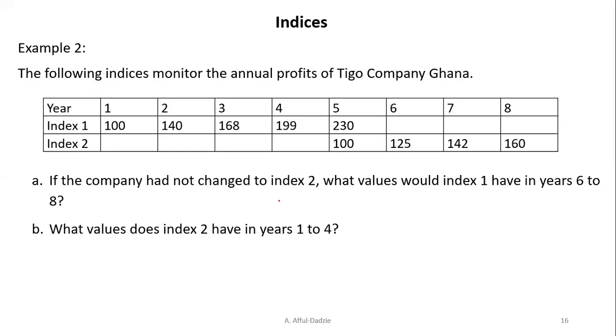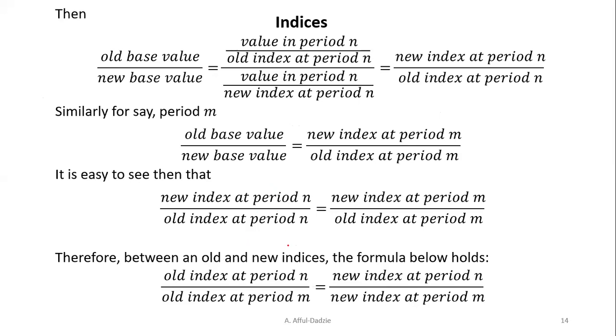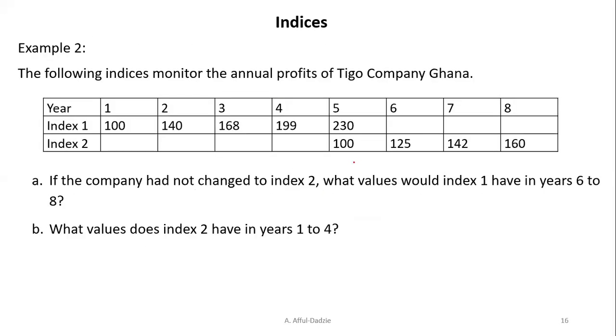So if you go back to the expression we had, we now have to look for the old index at N and the old index at M. So the old index, which is 100, over, now because this becomes the new one that we are computing, and this becomes the old index that we have. So it's 100. Now it's more like the reverse: go back for what you used to use, divide it by the new one that you have brought, and multiply it by M.